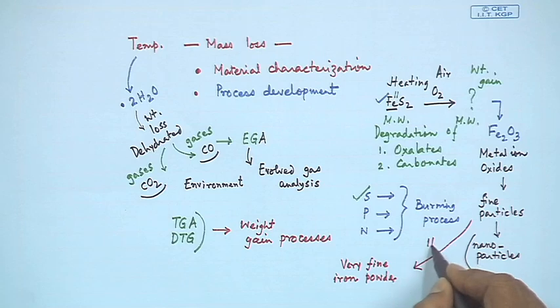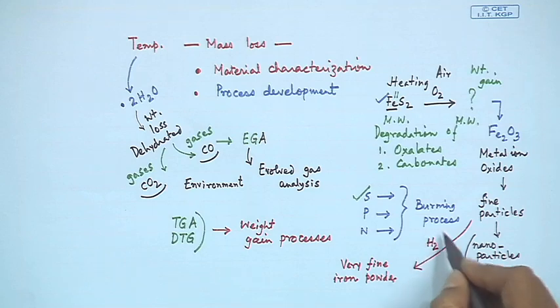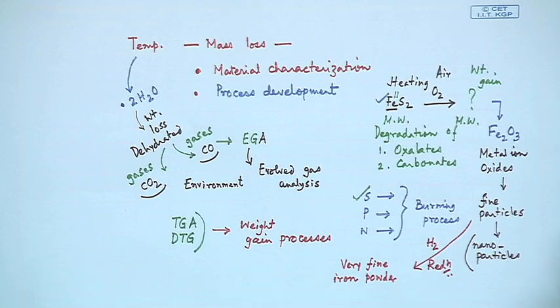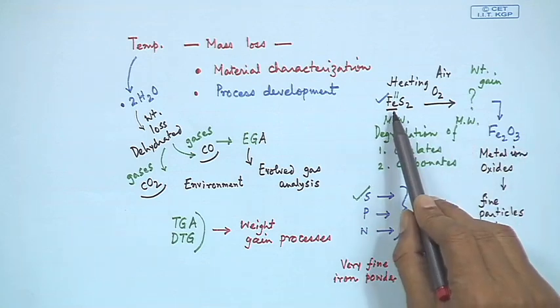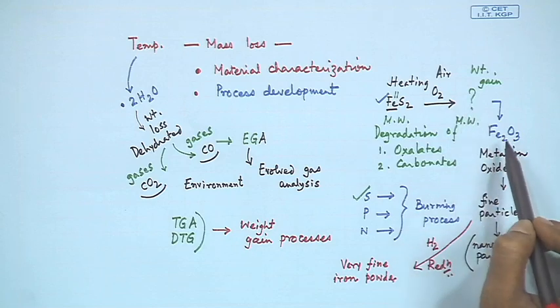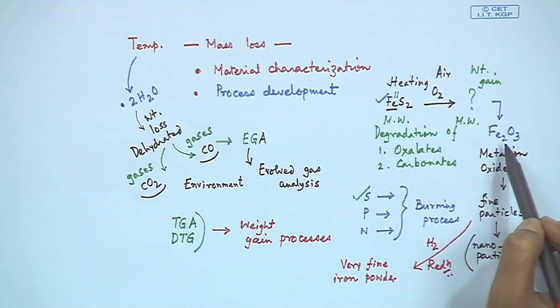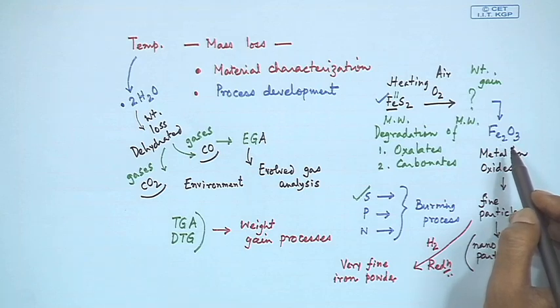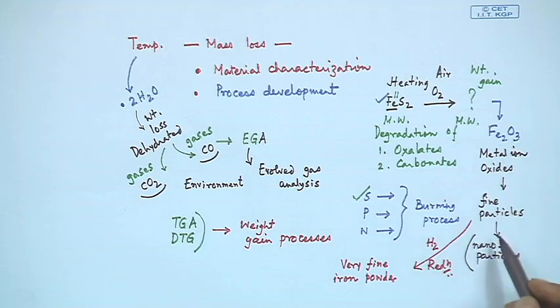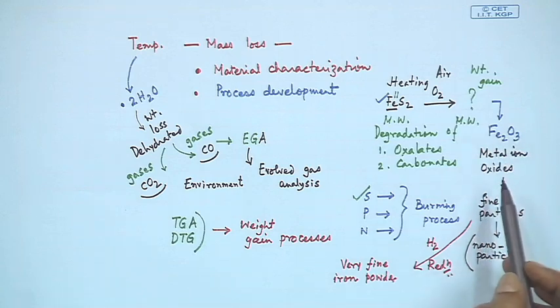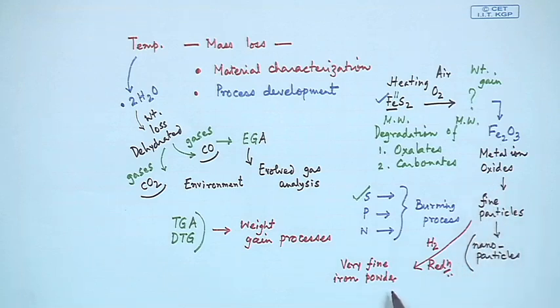At high temperature we can go for its reaction with hydrogen gas or any other source where H2 can carry out the typical reduction reaction. So, we start from the sulfate as the intermediate, then go to the corresponding oxides, and sometimes we can also get the other variety, Fe3O4, the mixed oxide of iron. Fine particles of Fe2O3 are also there, and if we reduce this Fe2O3, we can get fine iron powder.